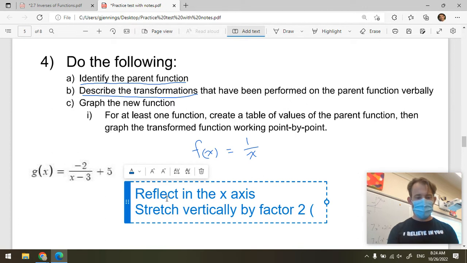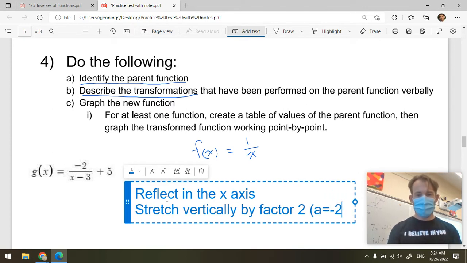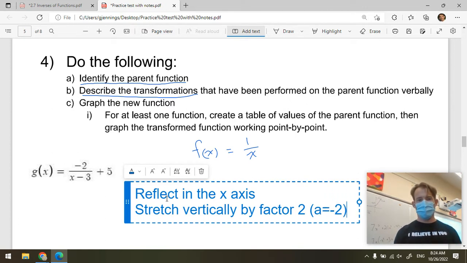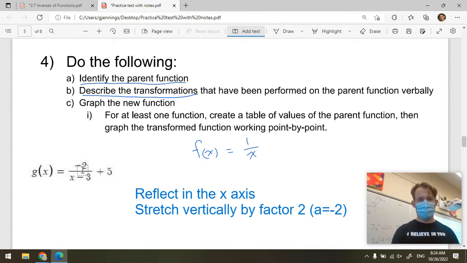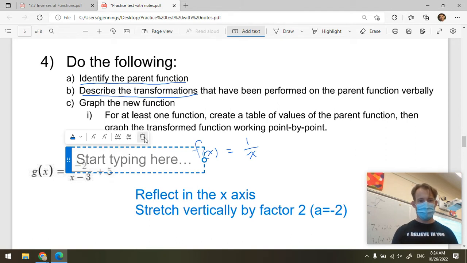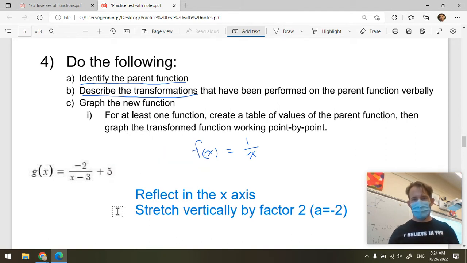And this is a result of the a value being equal to -2. That -2 creates the reflection in the x-axis and creates the vertical stretch. That's a result of this a value here.